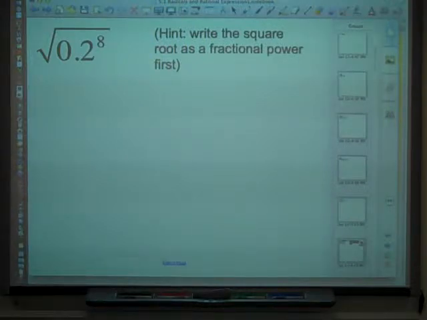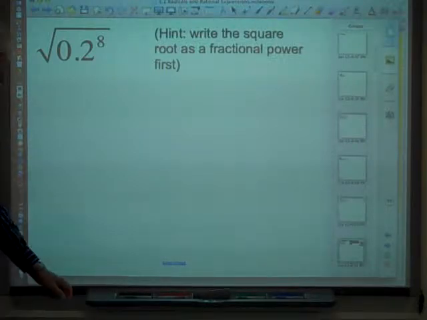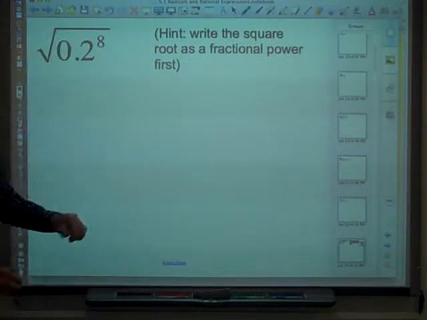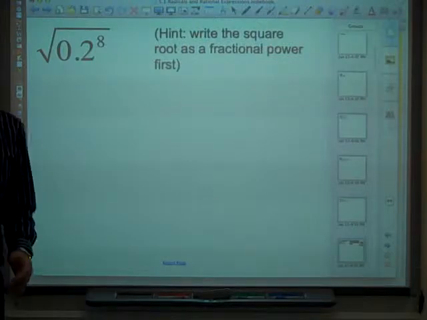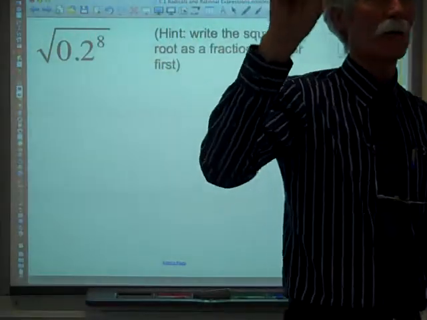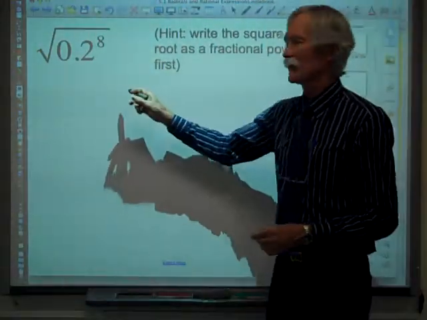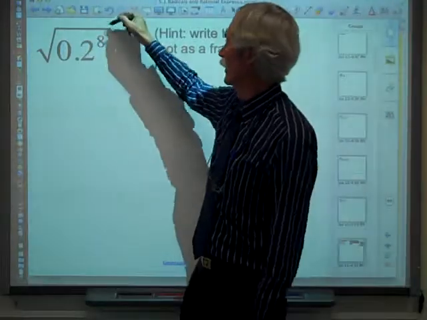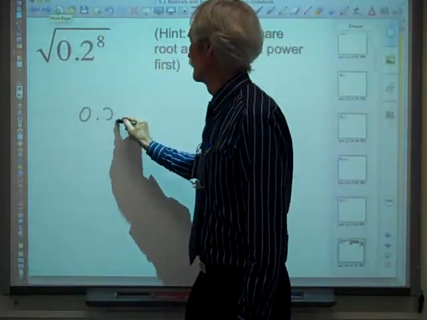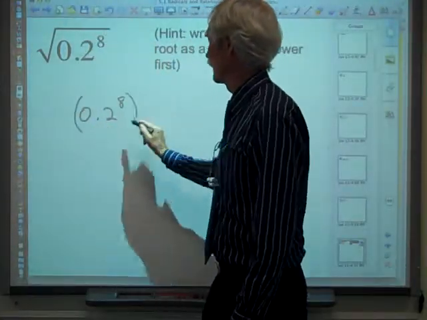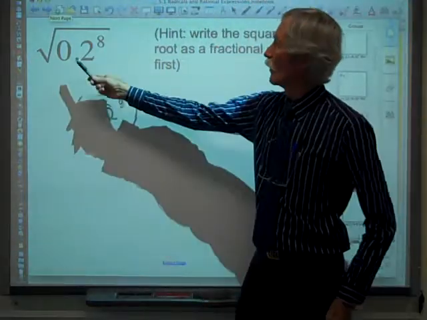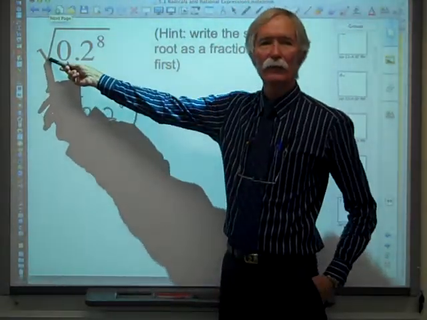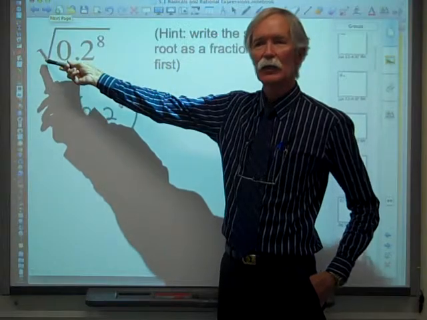0.2 to the 8th power. The square root of that. This is when powers become powerful. When powers become useful. What power did we say we could use a square root for?